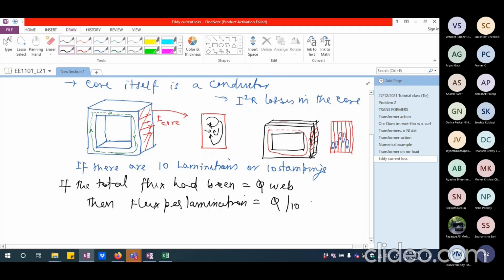This is going to be the flux that is available in each lamination.